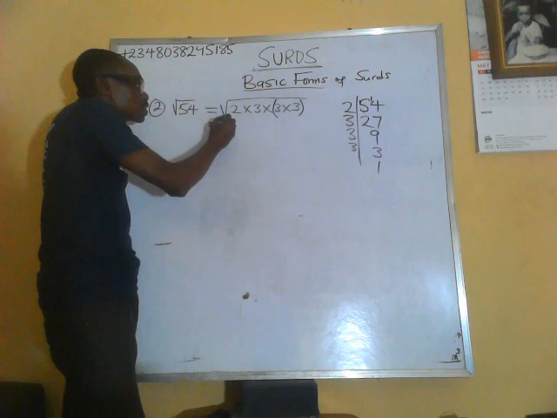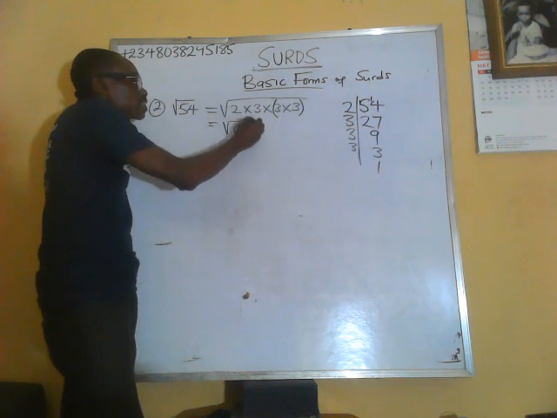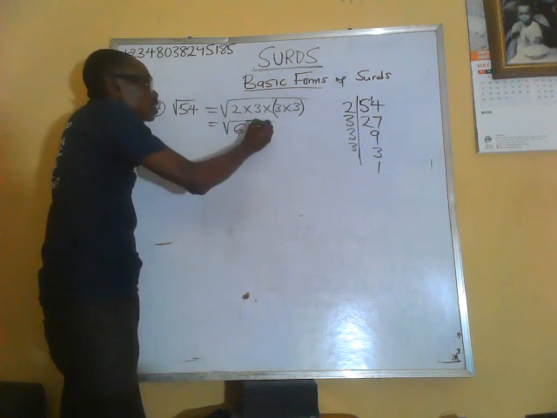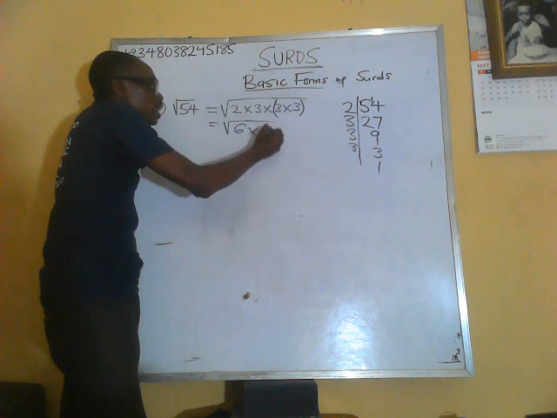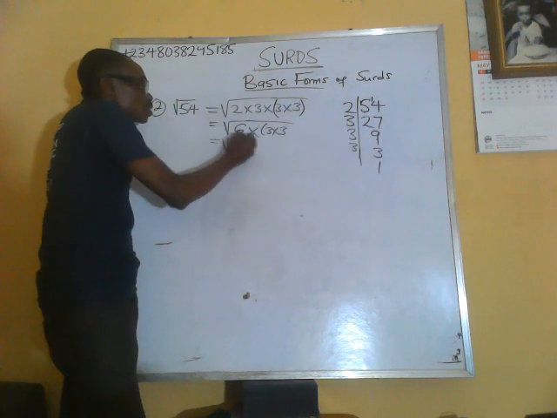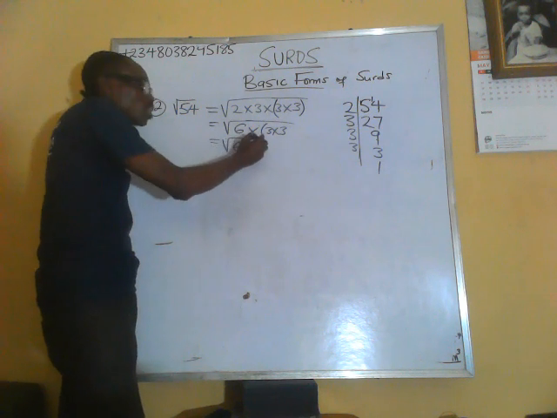So you're going to have 6, times this pair of 3s. Then next you separate them. You separate the 6 under a different root sign, applying rule 1.